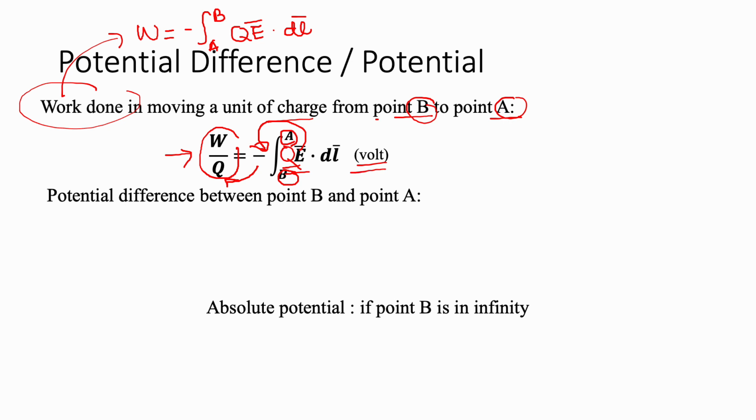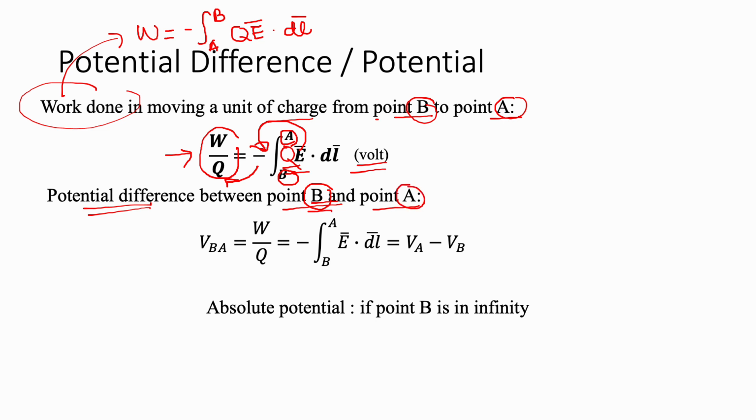From here, let's say we want to calculate the potential difference between point B and point A, where point B is our initial point and point A is our destination.